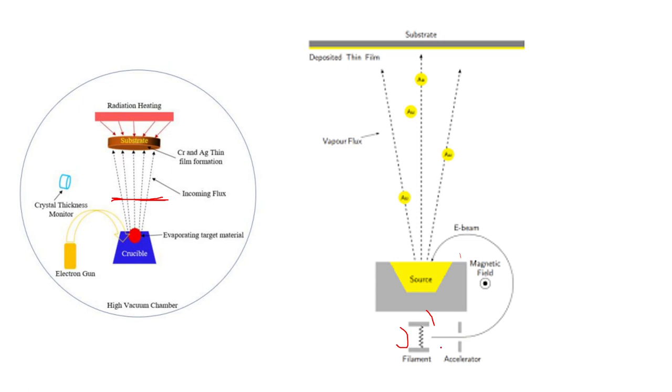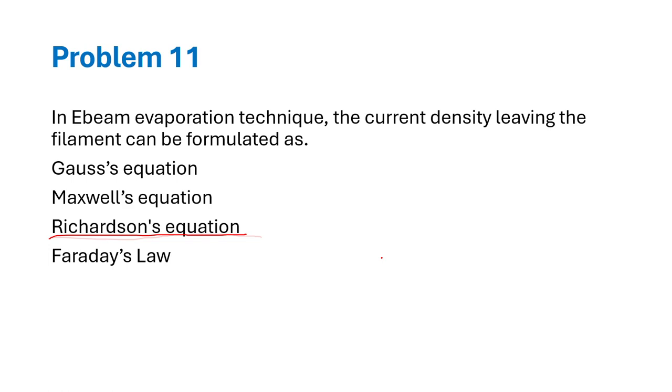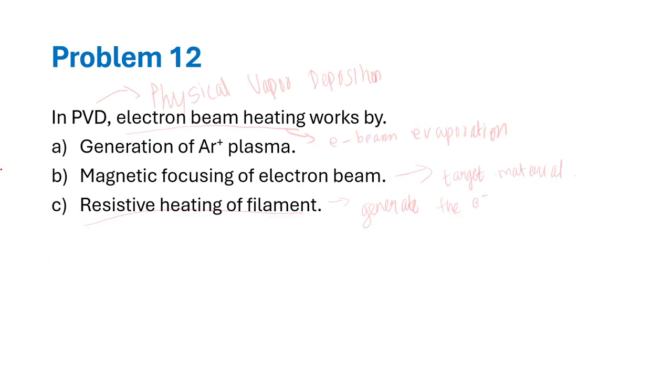So what is the answer? Generation of argon plasma? No, this is electron beam heating. So this is related to E-beam evaporation. So in E-beam evaporation, we heat it using which mechanism?